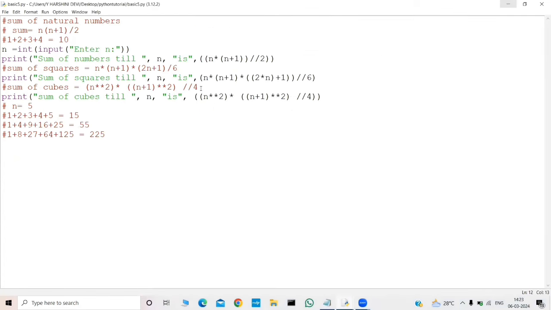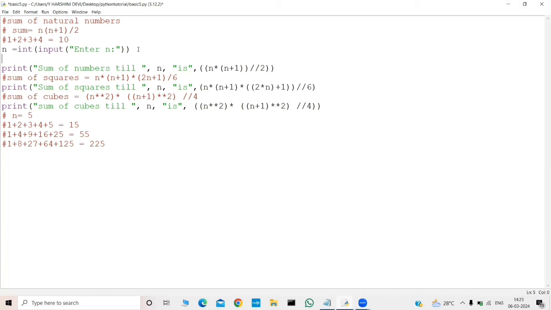Okay. One more thing. If you think this was some bit complex, okay, let's take a variable itself. That was sum one. Okay. So I will keep all this calculation within a variable. And I will keep sum one here.